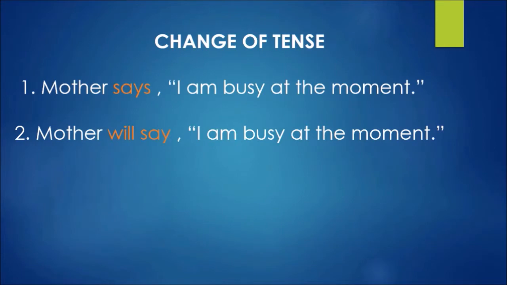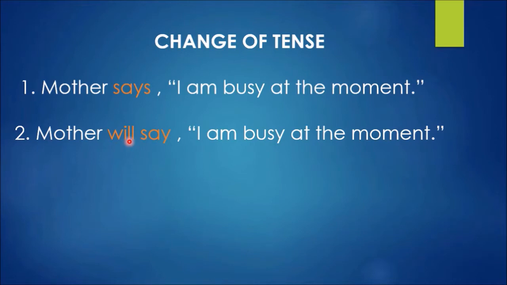Let's study this sentence. Mother says, I'm busy at the moment. In the reporting speech, verb is says. It means that there is present tense in the reporting speech. I'm busy at the moment. There is present tense in the reported speech. In the second sentence, mother will say, I'm busy at the moment.